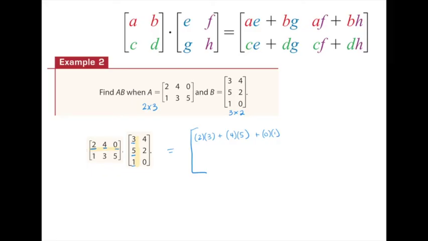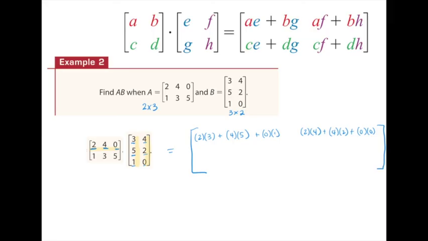When I get to the bottom of that column, I am done with my first element. Then I'm going to use that same row, but go to my next column, down this column here. And I'm going to say 2 times 4 plus 4 times 2 plus 0 times 0. And I am out of columns.